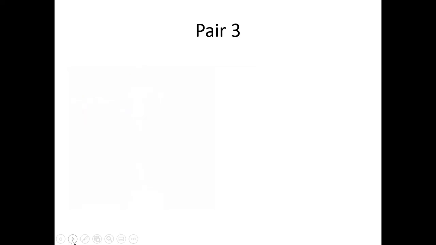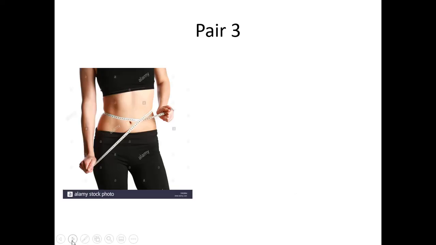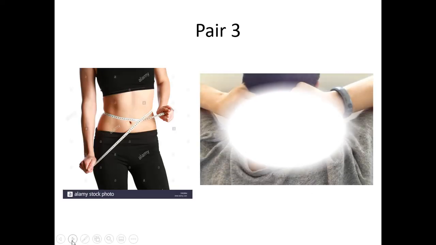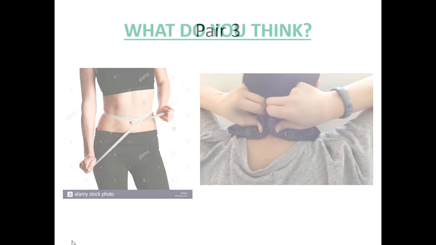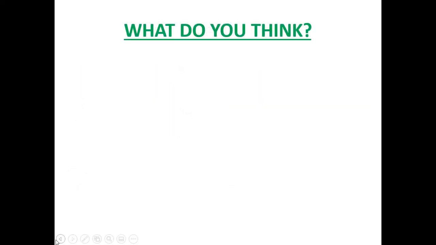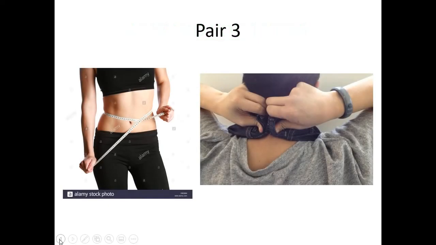Next, we have pair number 3. What can you say about the pictures? You can type your answer in the chat box if you want, and then let's check one by one. I'll give you 5 seconds.